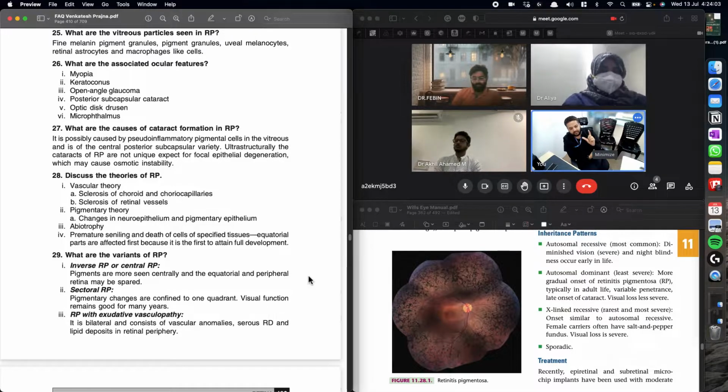You have a sectoral RP, superolateral, inferomedial. Very rarely have I ever seen a full RP. If I have seen a full RP, he's a 55 to 60-year-old guy with a long standing RP. Most of the time, your patients will come with a sectoral RP.